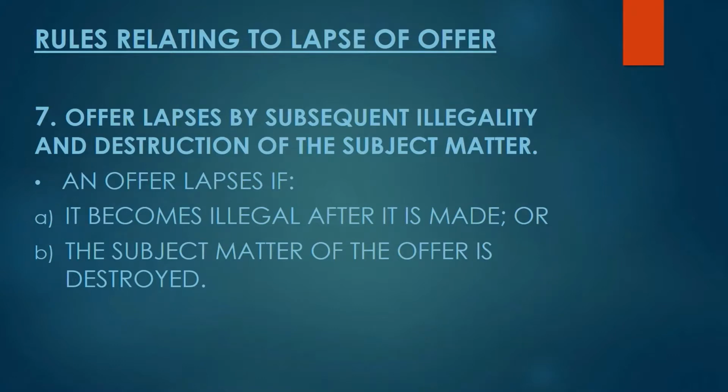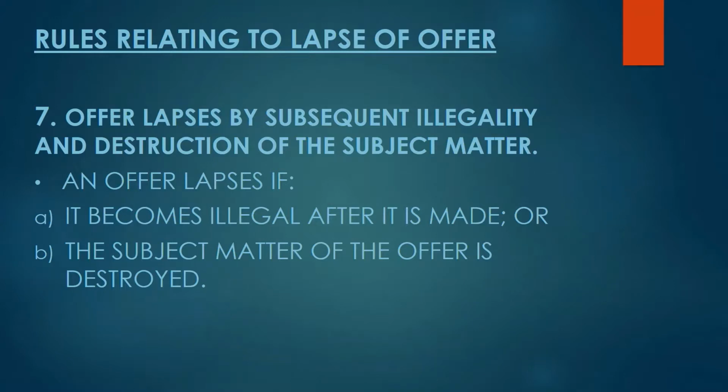Okay, next is offer lapses by subsequent illegality and destruction of the subject matter. Friends, an offer can also lapse on two grounds, right? First, if the offer was initially valid and legal when it was made, but something happens before its acceptance that makes the offer and its acceptance illegal.